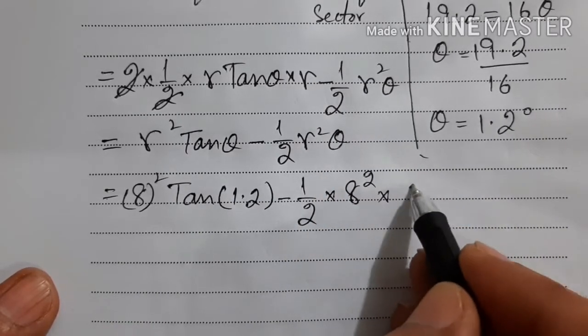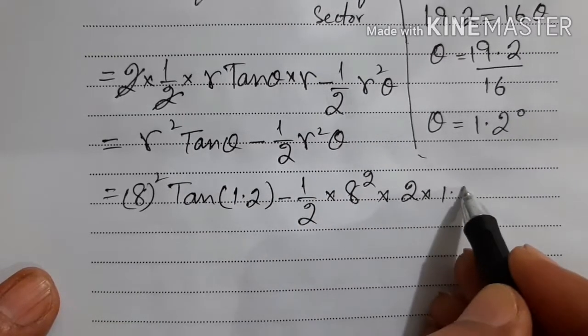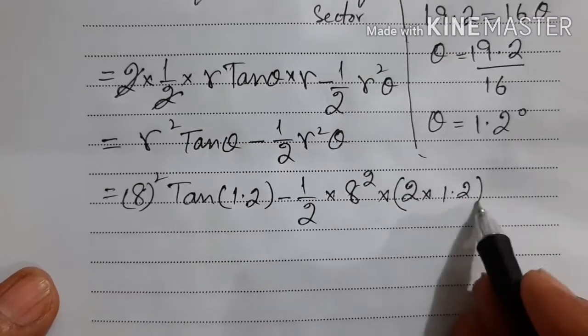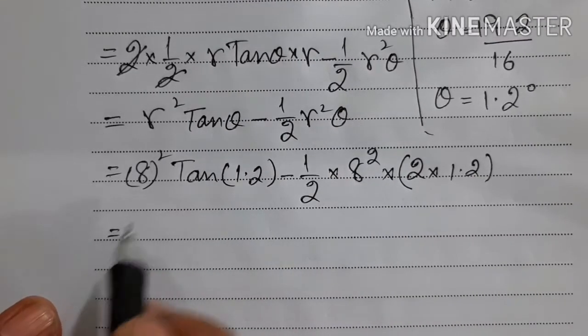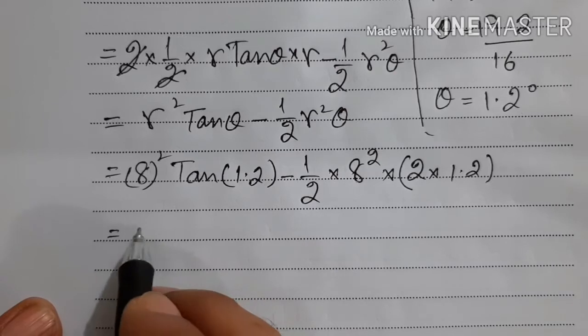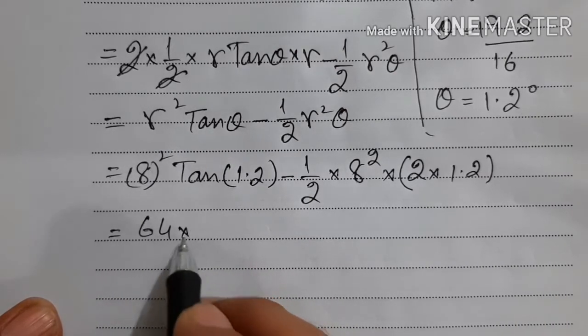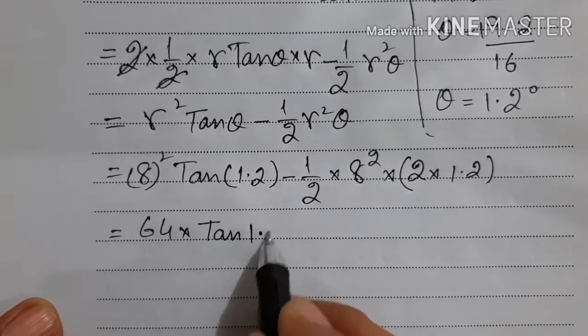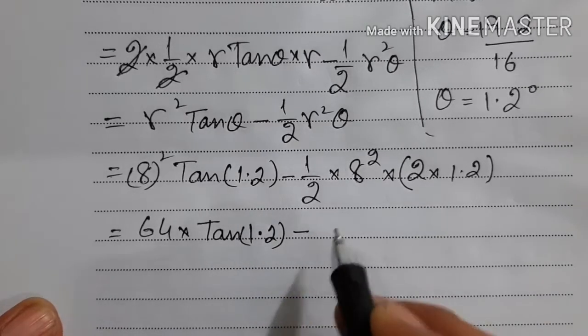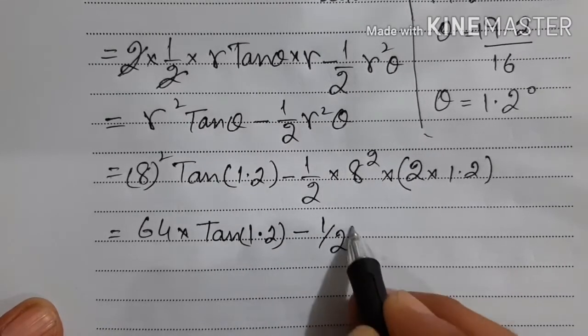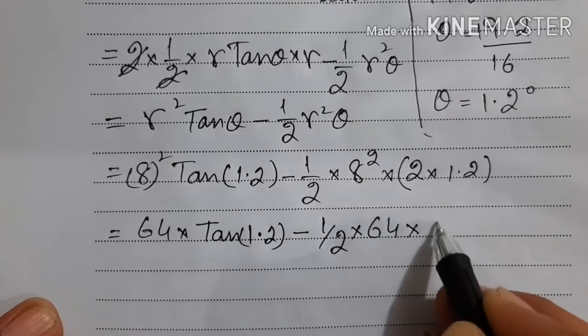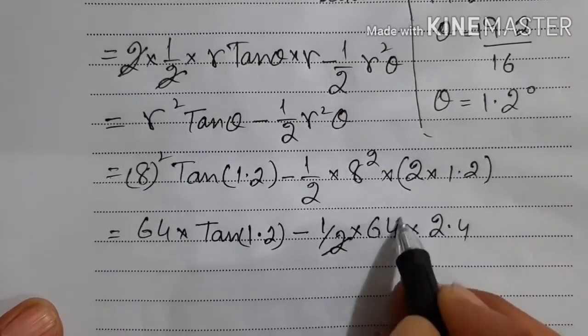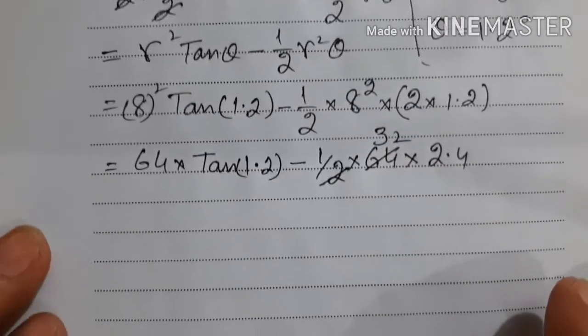So 2 into 1.2, because this is 2 theta. So this will become 64 into tan 1.2 minus 1 over 2 into 64 into 2.4. So this will be 32.